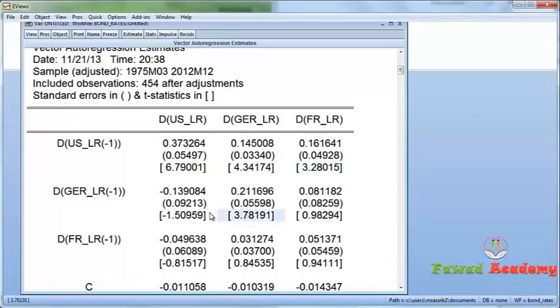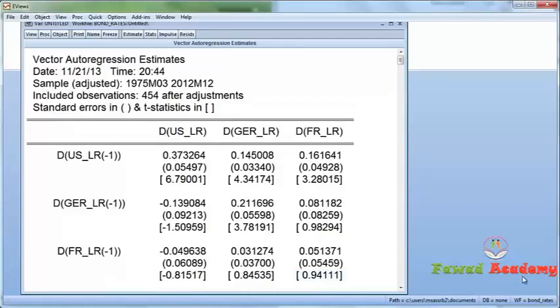So the change in the German long rate from one period ago only has an influence on this period's rate change in Germany, and last period's French change in the long interest rate is not significant anywhere. So we don't actually need that last element to explain the variation in today's changes in the long rates.